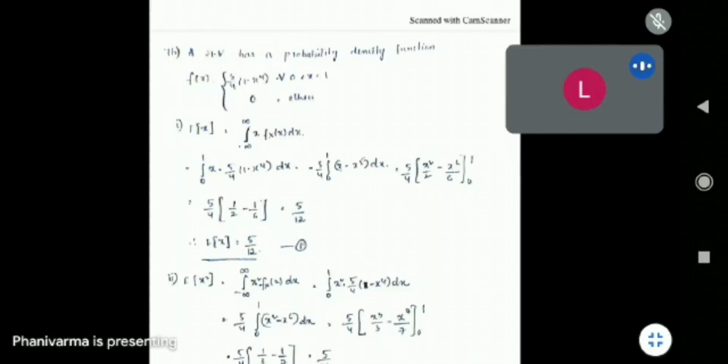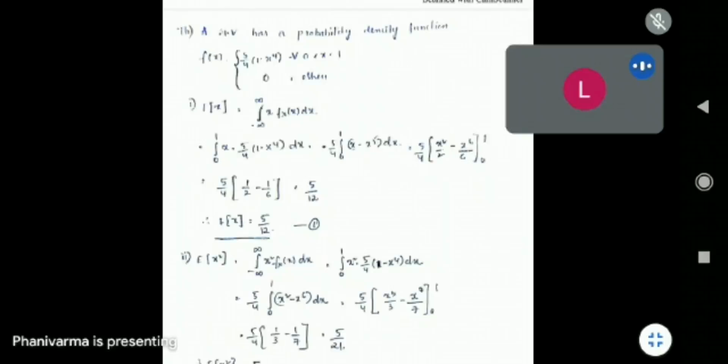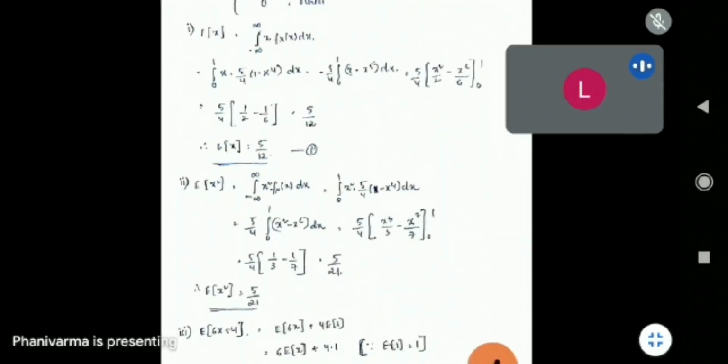By substituting, we get E of X equals 5 by 12 and E of X squared equals 5 by 21.